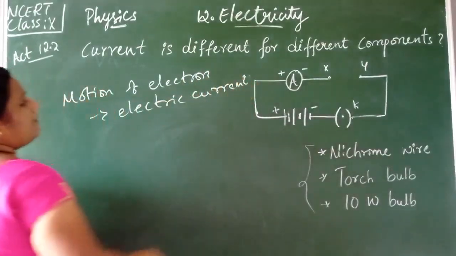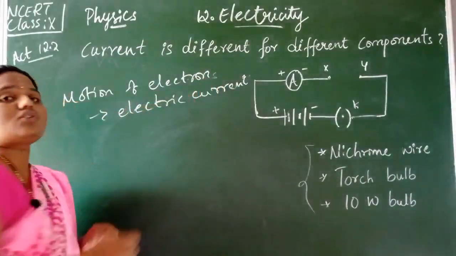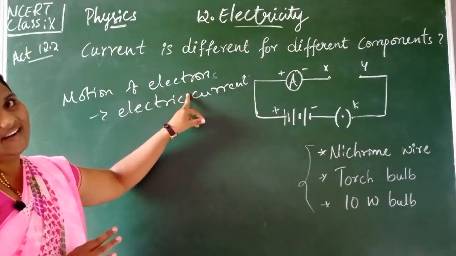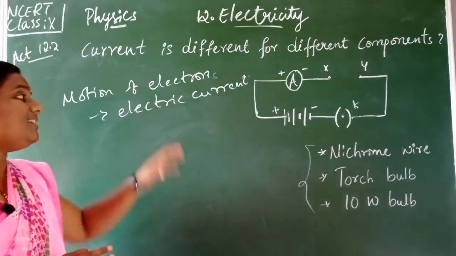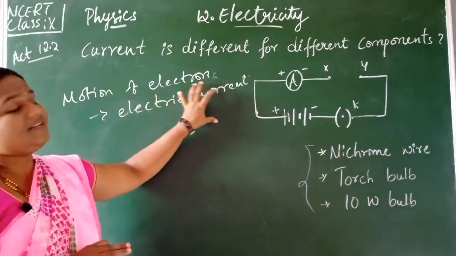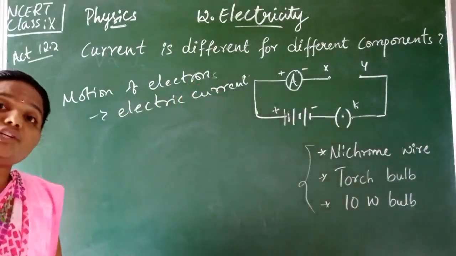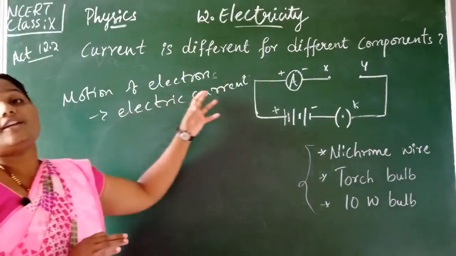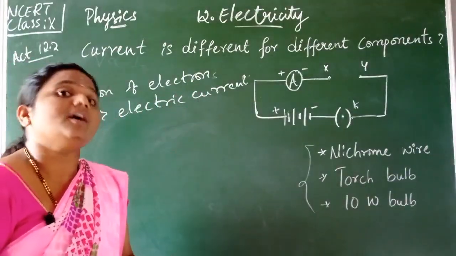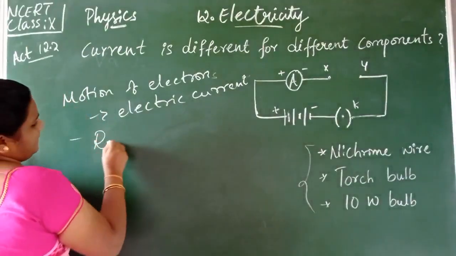But remember, children, these electrons are not completely free to move in the conductor. They are restrained by some factors, retarded by the attraction of the atoms present among them. So the motion of electrons is retarded by resistance, children.